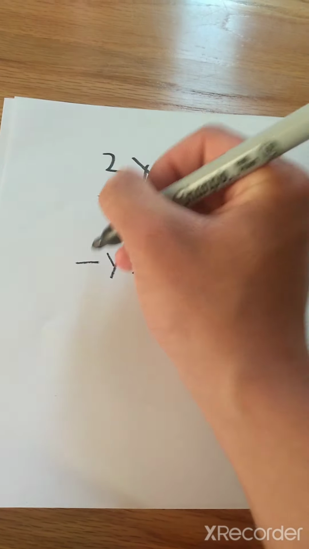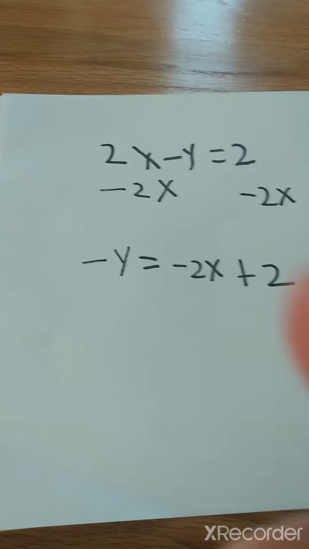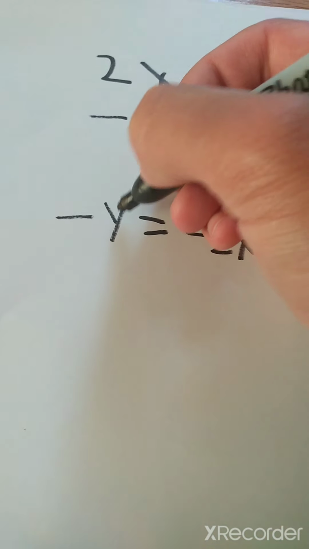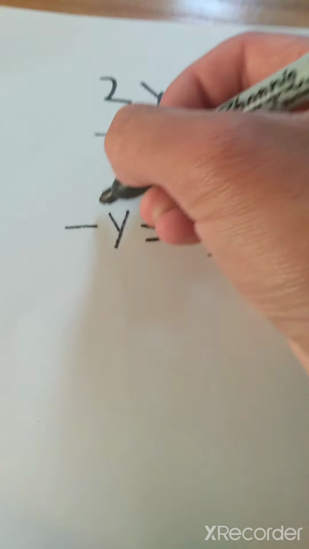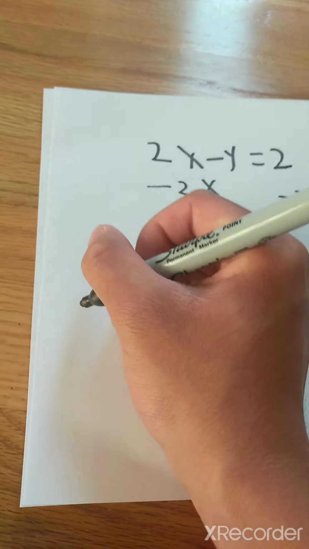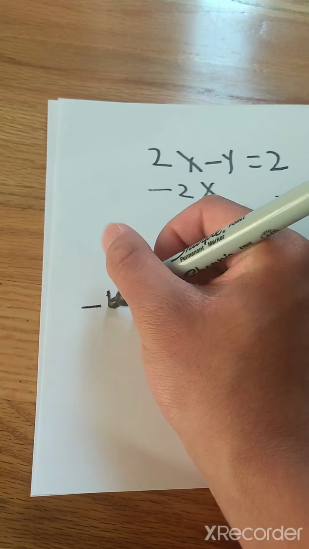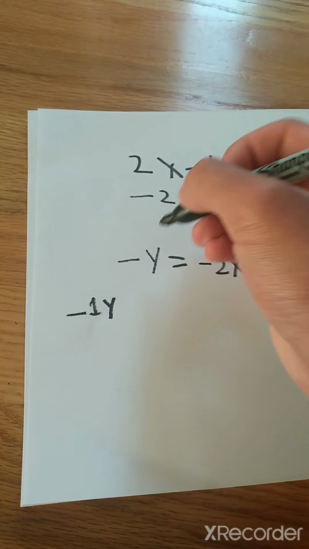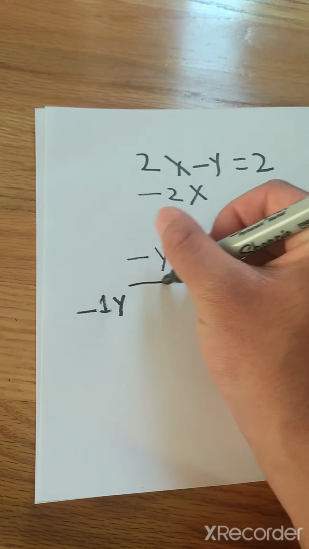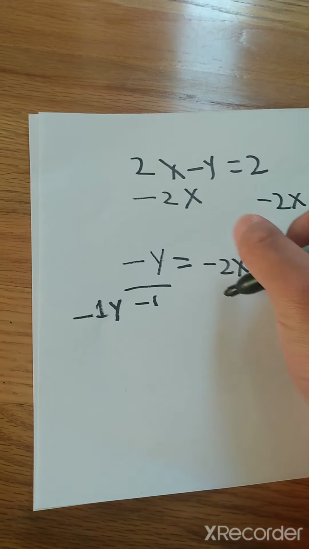So, we also have that negative y. When you isolate a y in an equation, y's do not like to be negative. So we can say that negative y is the same thing as saying negative 1y. But there's no 1 right there. It's invisible. So we divide everything by negative 1.